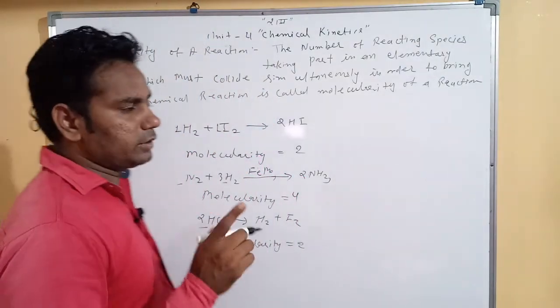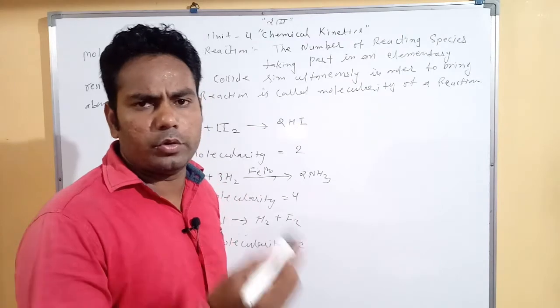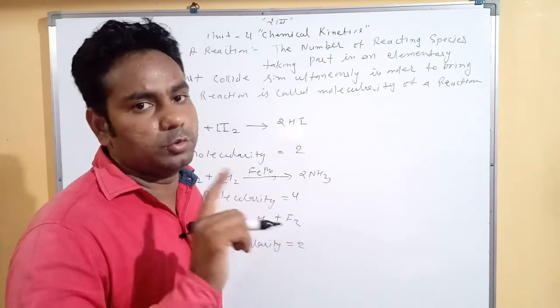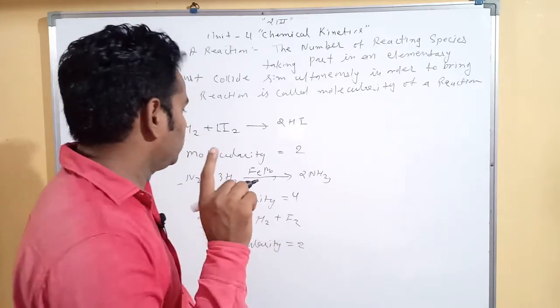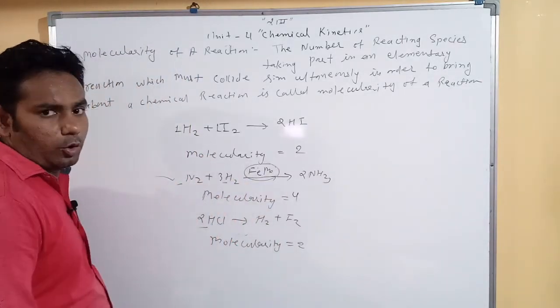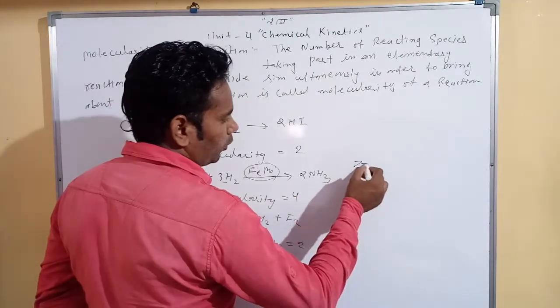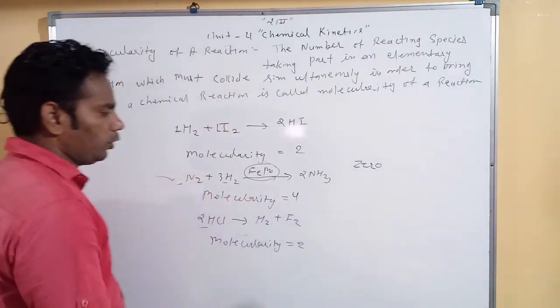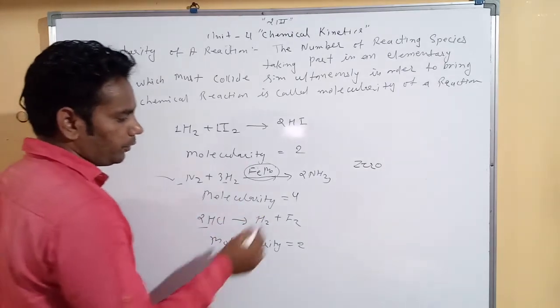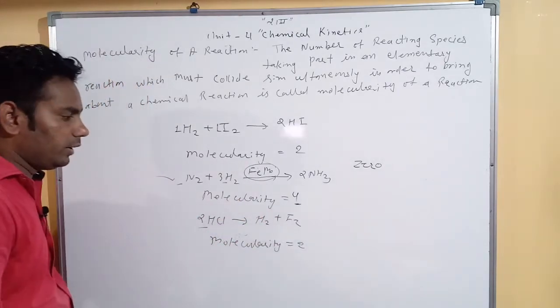Now we think about the order of reaction and molecularity. One more question: are order of reaction and molecularity always the same or not? The answer is no, because sometimes, like here, the order of this reaction is zero order. How? Because a catalyst is present, so this reaction is zero order, but the molecularity is 4.